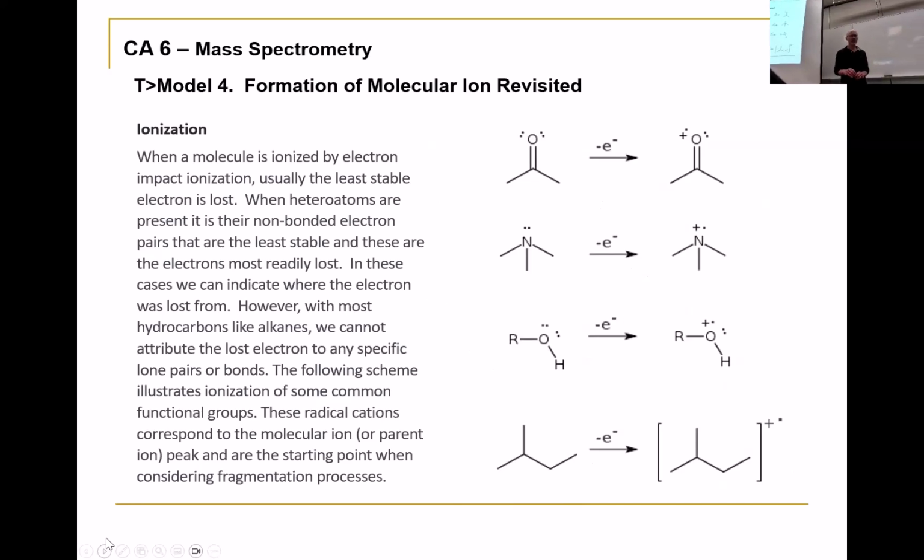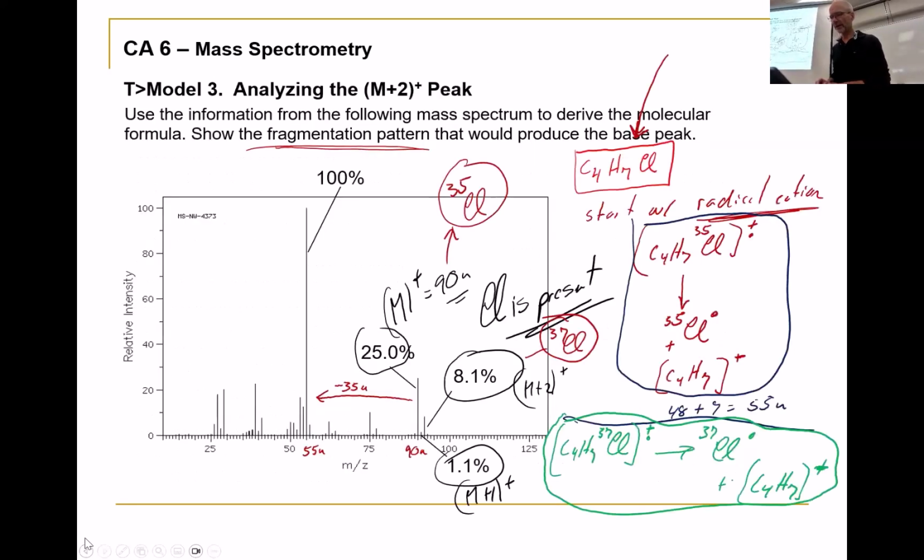Because so far I've been talking about this formation of the molecular ion, and maybe just to come back here, we've been talking about these molecular ions, radical cations, and essentially we draw brackets around a molecular formula and put a plus and a dot, and I'm saying we don't really know exactly which bond has had an electron knocked out.